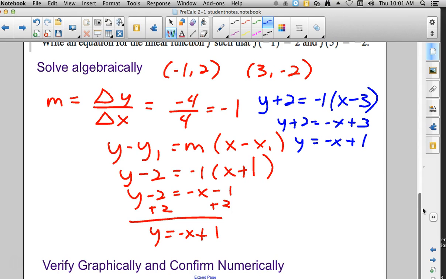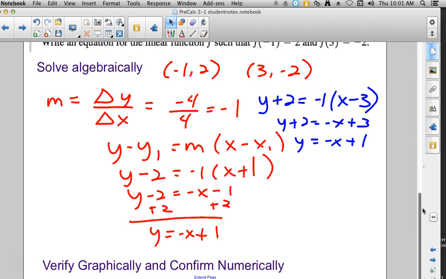So even if we chose different numbers to put into the formulas, we would all end up with the same answer. And that's usually what they'll do in the back of the book. Unless they specifically say, write this in point slope form. Done. You know, you just plug in the numbers and you walk away.